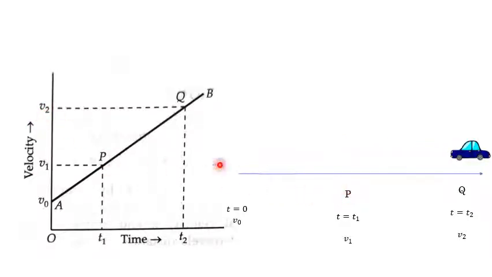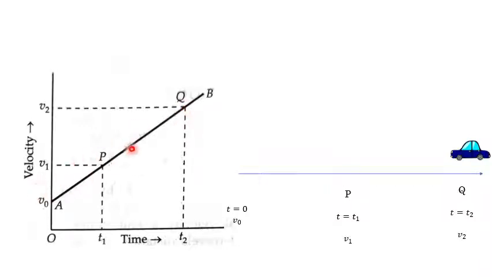So it reaches from point P to Q in such a manner that after a certain time, earlier it was at t1, now the time is t2, and the particle velocity earlier at t1 was v1. Now at time t2 the particle's velocity is v2. So we will denote this point as point Q.